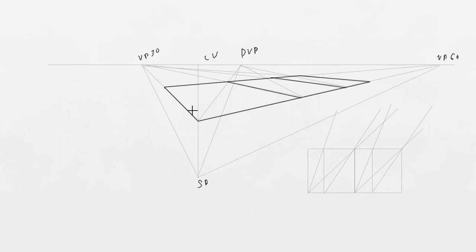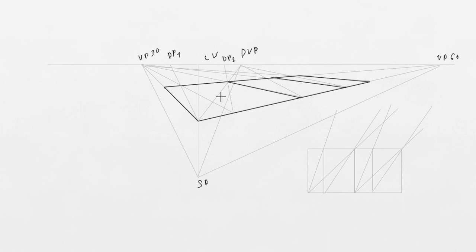Okay, let's draw one narrow square and draw a diagonal to the horizon line, like this. This is our distance point 1. And let's do the same thing for this one. This is our distance point 2.